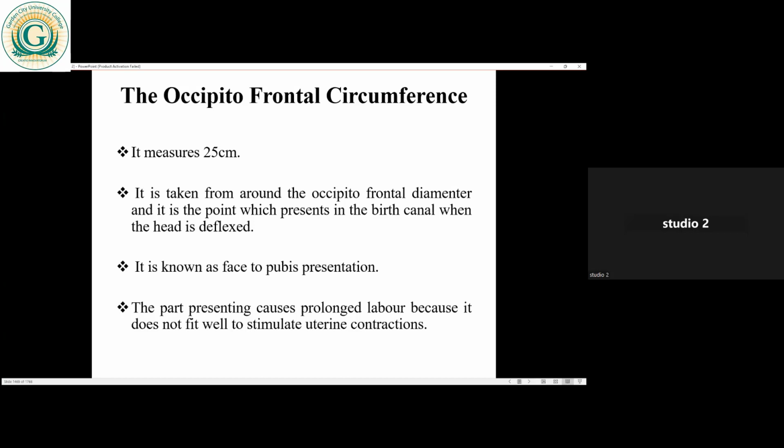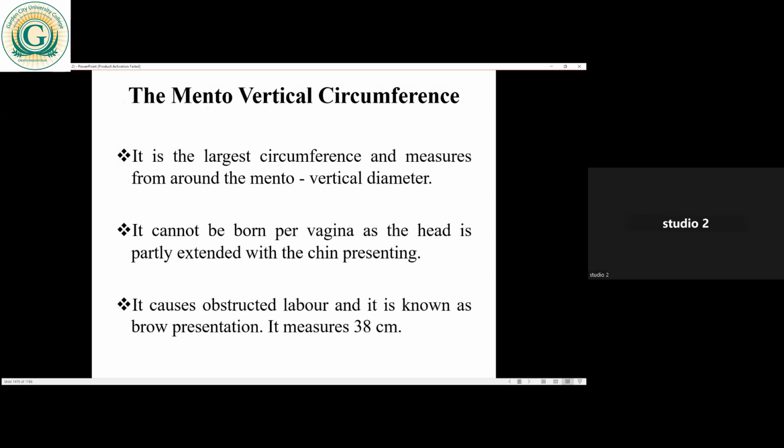Then we have the mentovertical circumference. It is the largest circumference and is measured from around the mentovertical diameter. It cannot be born per vagina, as the head is partly or completely extended, with the chin presenting. When you have the brow presentation, the baby is coming with the forehead, then it means the mentovertical circumference.